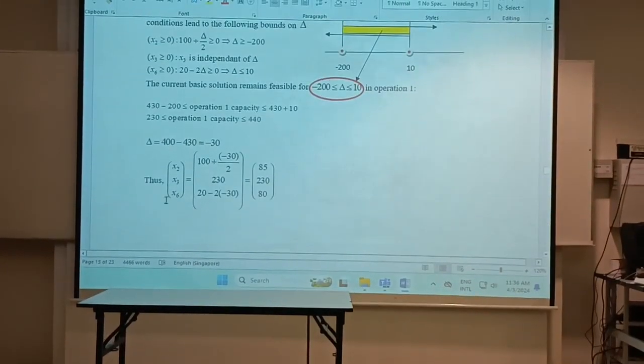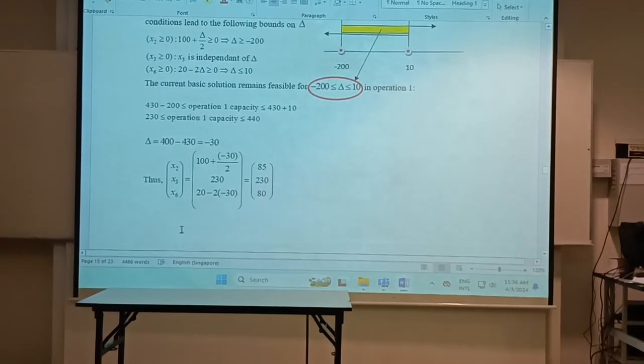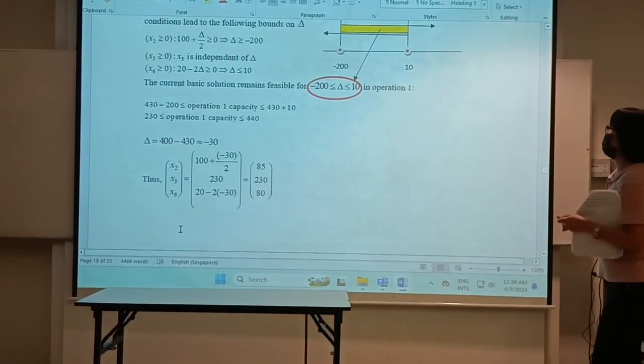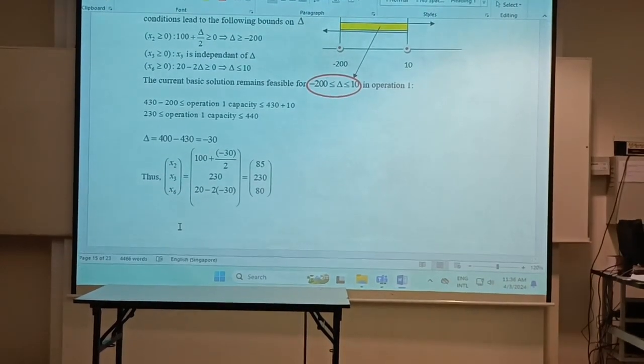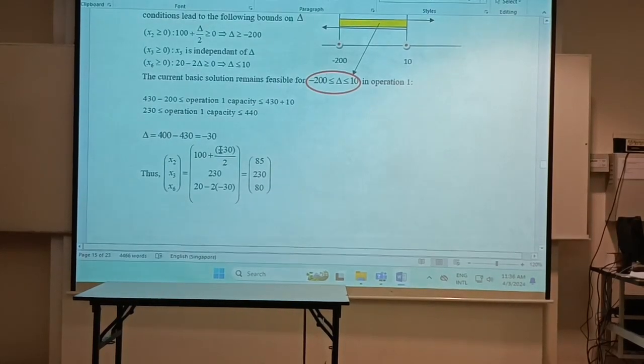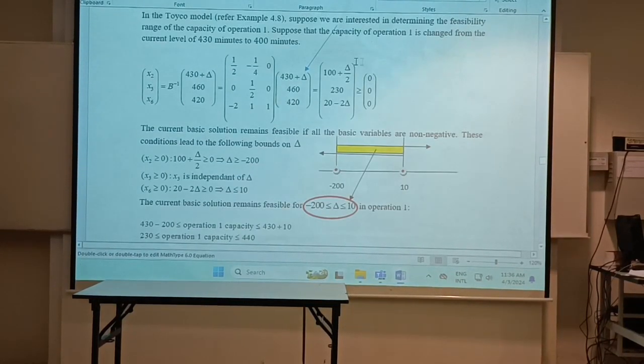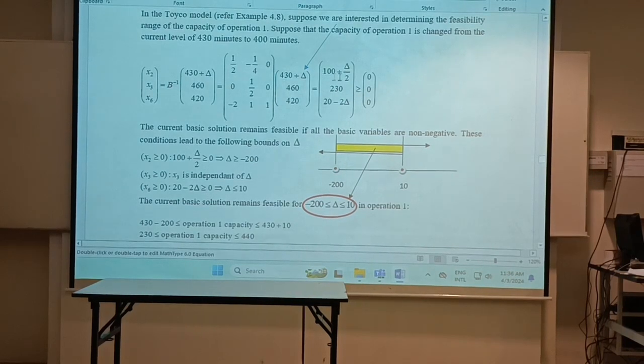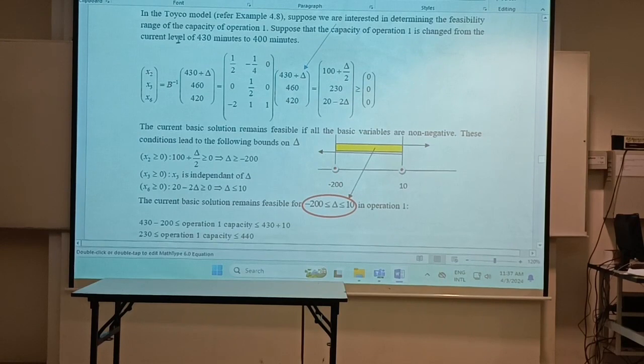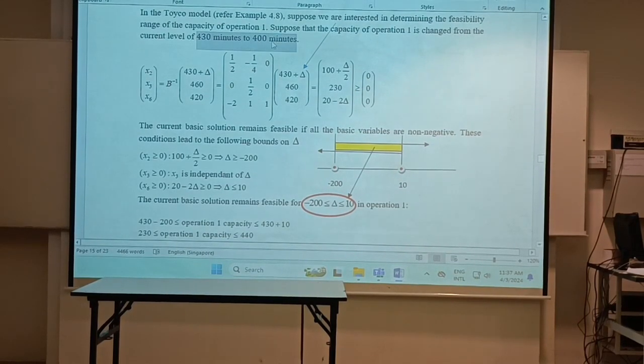So right now we come back to this case. 100 plus changes over 2. So how to get this part? This part here is, you have to store up to this one. This is the one. 100 plus changes over 2. Right now the changes is negative 30 from 430 to 400.